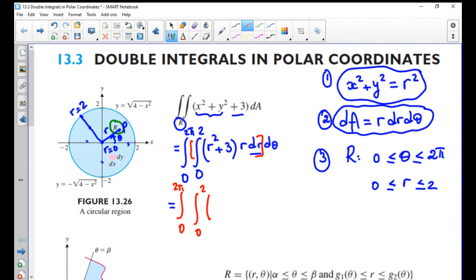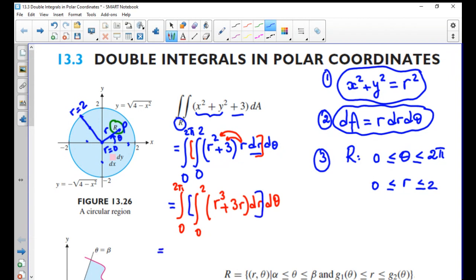What do we get if we multiply? r to the power of 3 plus 3r dr d theta. Are you okay with this? Now let's calculate this integral with respect to r.